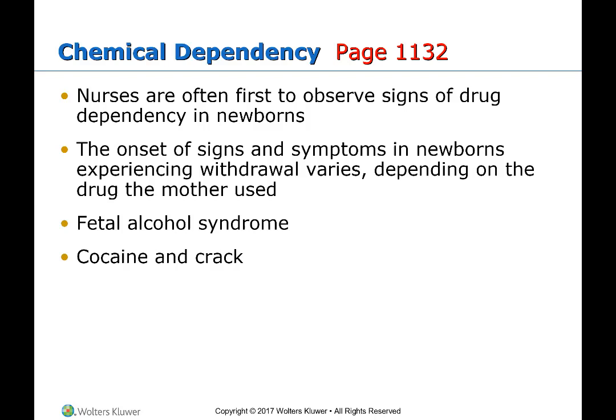Many of them are going to go through withdrawal, and this is called, if they are going through withdrawal, neonatal abstinence syndrome. I think we talked about this before also. So going through some of these stimulants, cocaine and methamphetamine.